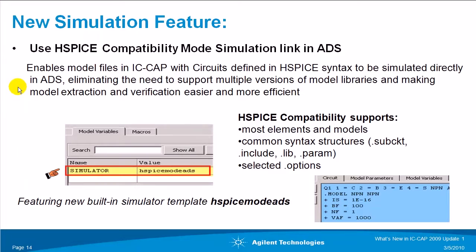This is extremely convenient for users who prefer to use HSpice native syntax but still want to take advantage of the most efficient and convenient ICCAP ADS link. To use this feature, set your simulator variable to HSpice mode ADS. As a reminder, ADS basic linear and transient simulation licenses are included in the base ICCAP analysis license at no additional cost.